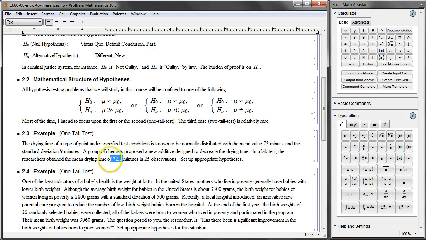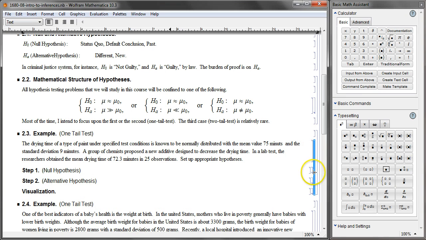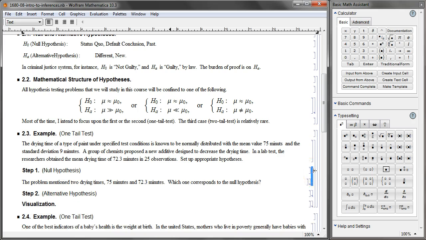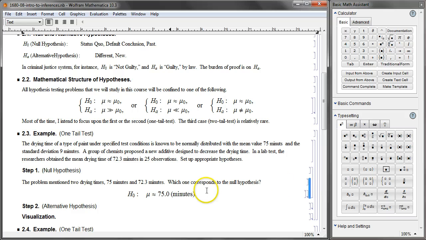So this value, 72.3, is associated with the sample test, not the traditional value. So mu naught has to be 75. Well, let me write down everything here. So which is it, 75 or 72.3? Well, it should be 75, the past result. 72.3 is a new one.